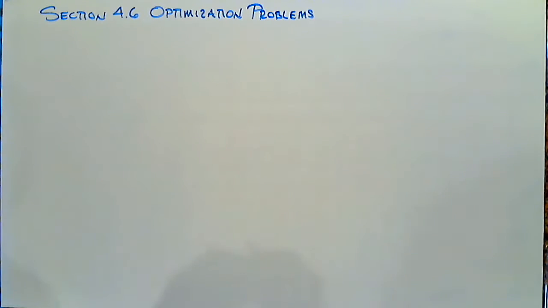Now, that's a typical optimization problem. We have a set amount of a product, in this case fencing, and we want some kind of task. In this case, we want to make a field that's a rectangle, and we want to optimize the area.